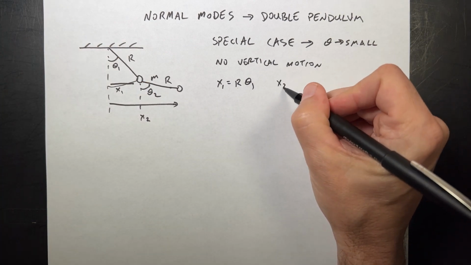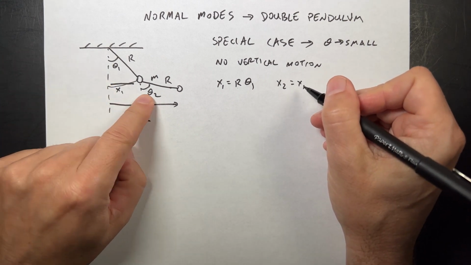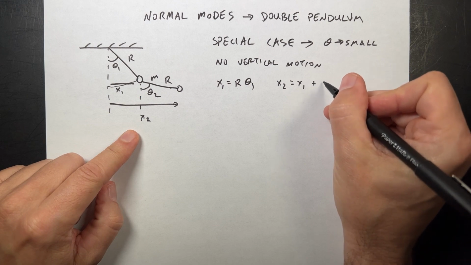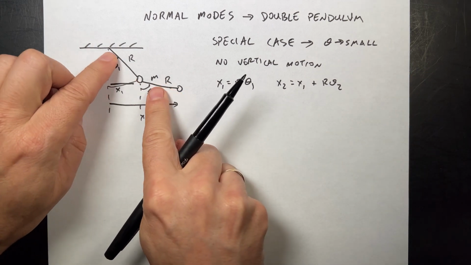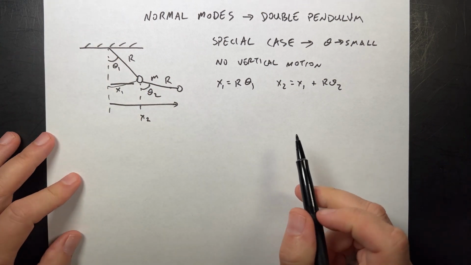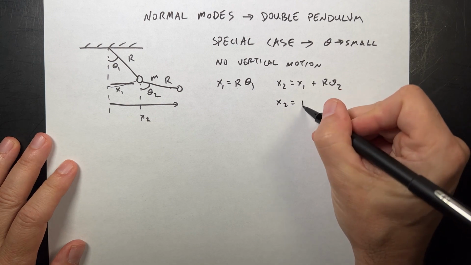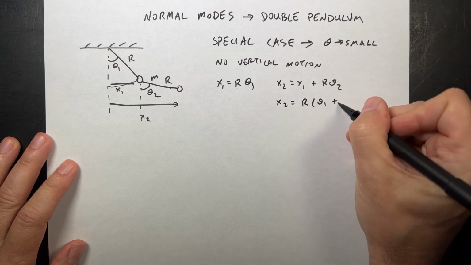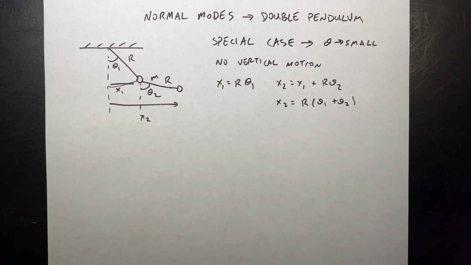Now x2 is going to be equal to x1 plus this length plus r theta 2. And I'm using a special case, same mass, same lengths, just to make things easier. So x2 is going to be r times (theta 1 plus theta 2), right? Because if I put in theta 1 right there and factor out the r, I get that.